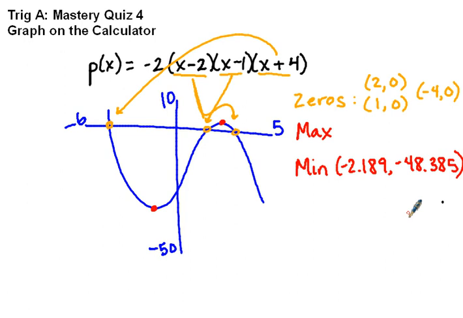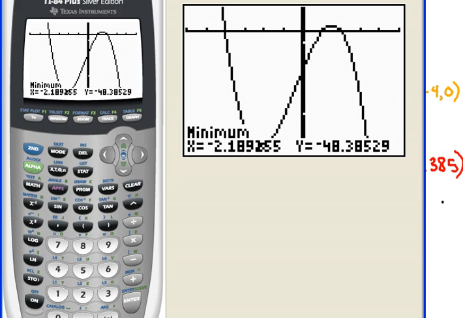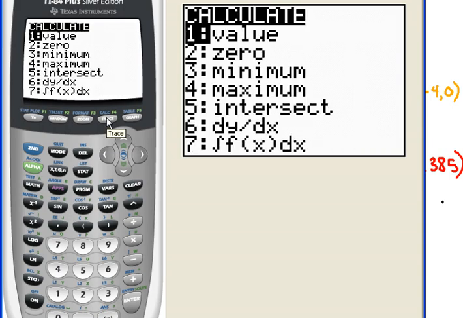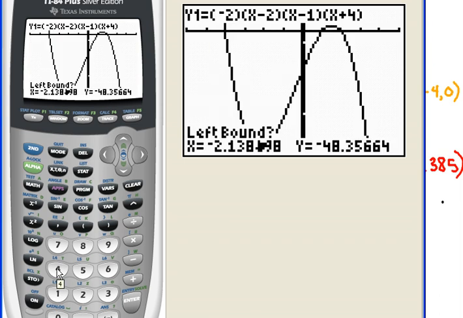Next, to find the maximum, same process. Tell your calculator to calculate. Now we're looking for the maximum, which is number 4. Again, I need a left guess. So I'm going to go over here to the left of the maximum. Here's my maximum. This is to the left. Then I need one to the right of the maximum.